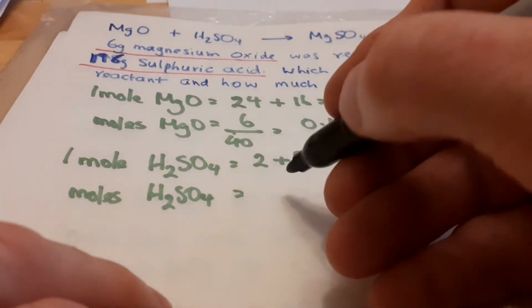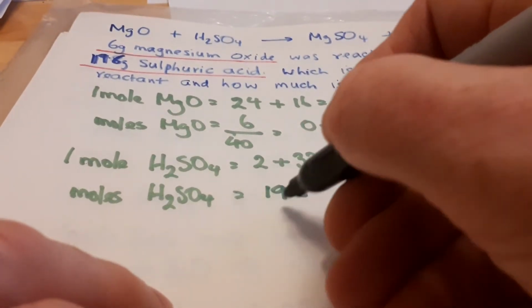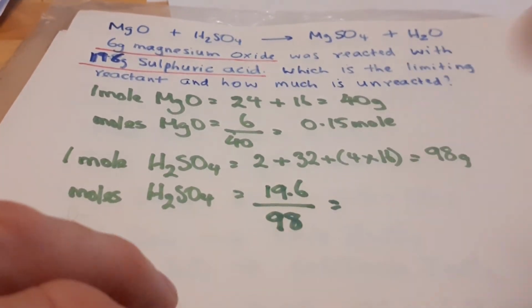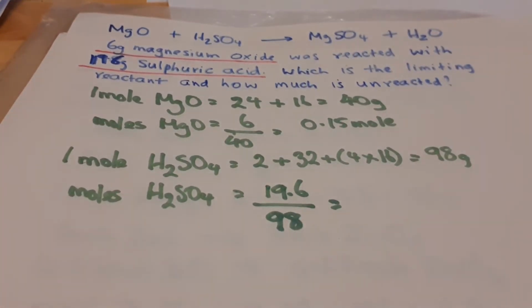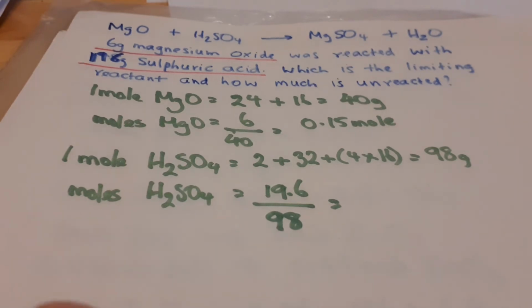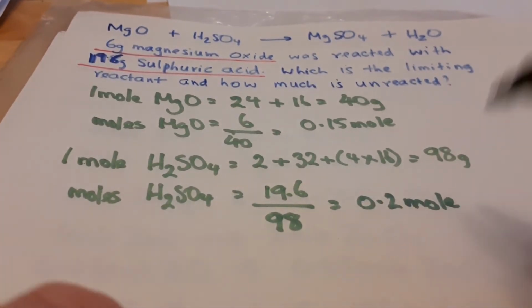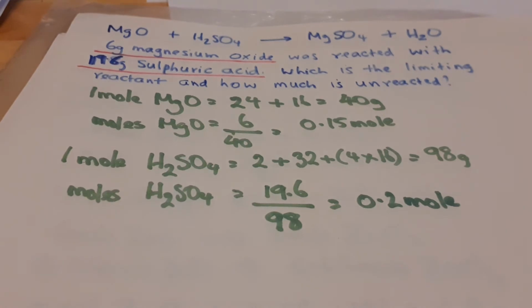So the mass we're given is 19.6. The mass of 1 mole is 98. So 19.6 divided by 98 equals 0.2 moles.